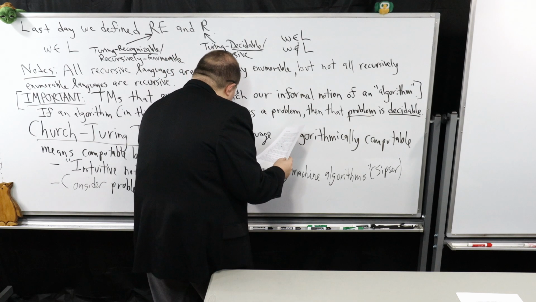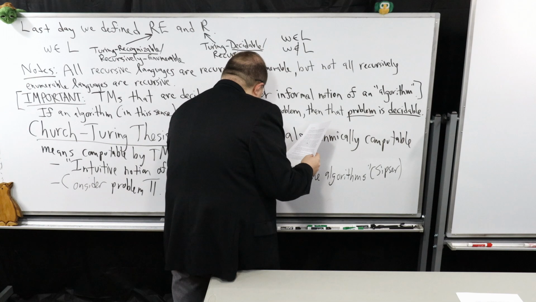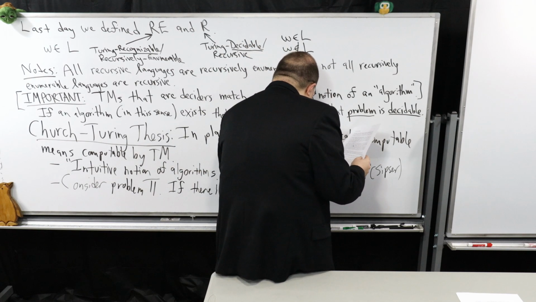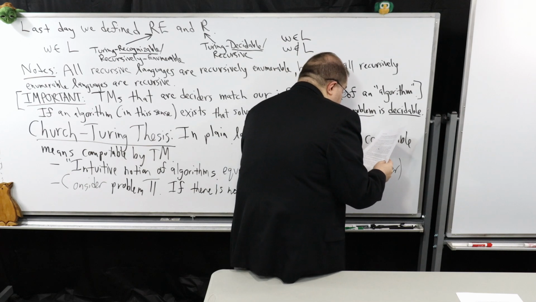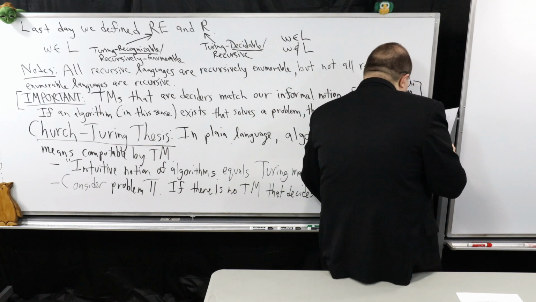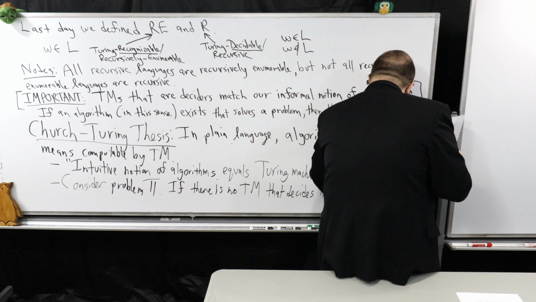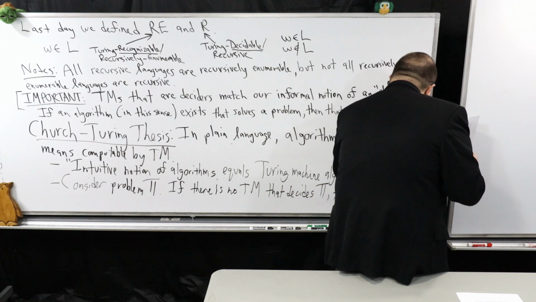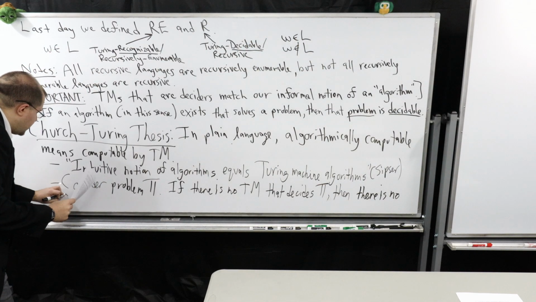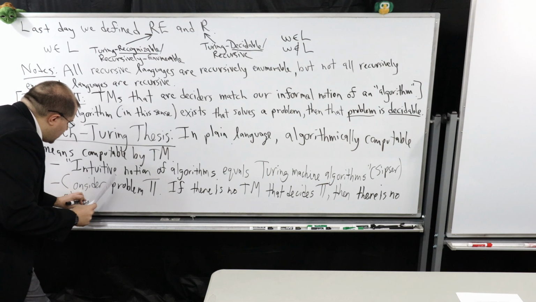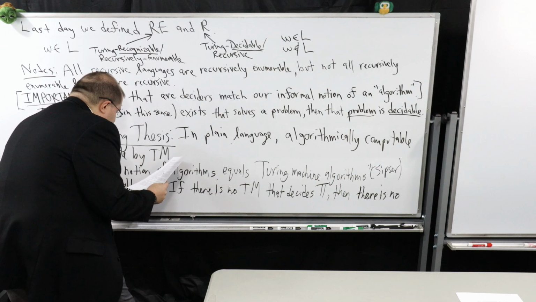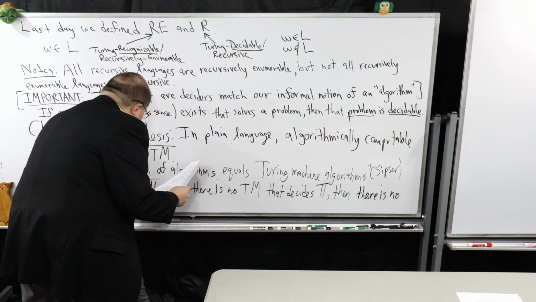If there is no Turing machine that decides pi, then there is no algorithm that solves pi.